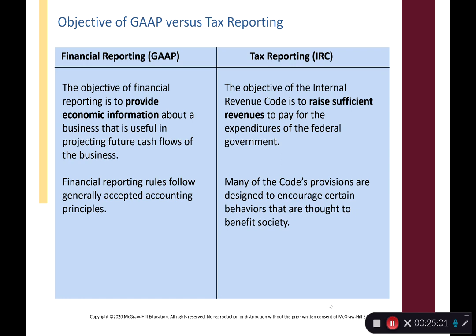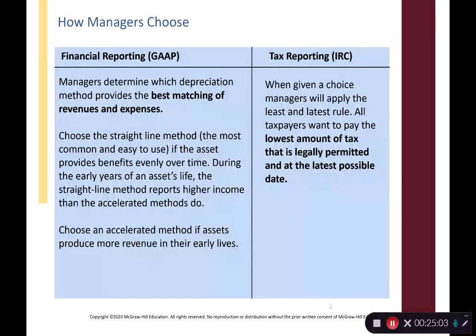And one of those things with respect to depreciation is that the IRS allows accelerated depreciation for tax purposes, even if you use straight line for book purposes, which most companies would do because it's easier and generally is going to result in less depreciation, at least initially, which results in a higher income for the company.